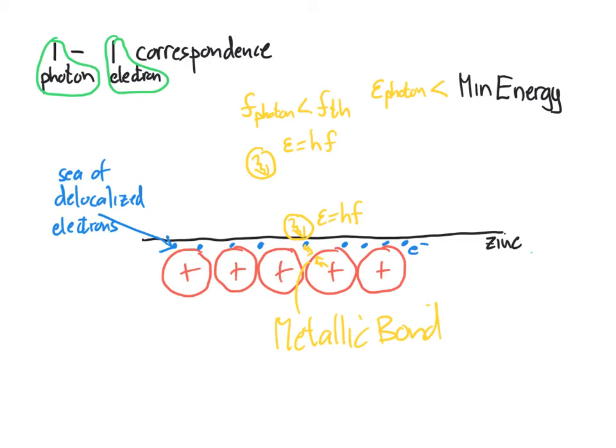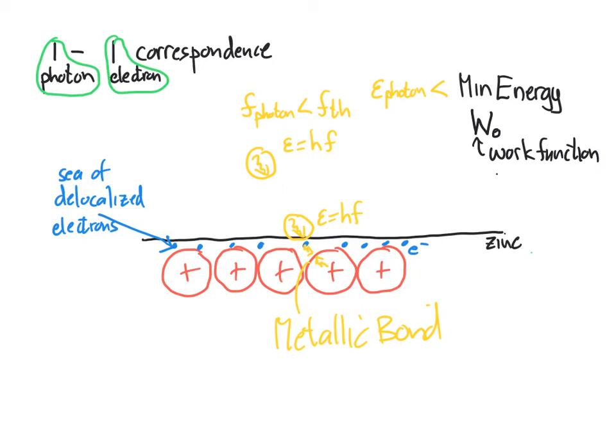Now, a mathematical way of writing this is to say the following, let's refer to the minimum energy as W0 or Wth for threshold energy, and that's going to be the minimum energy, and we have a fancy name for this. We call this the work function of the particular metal.